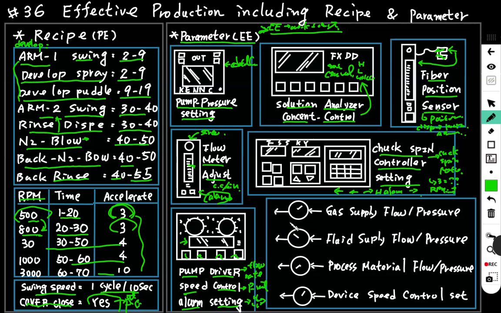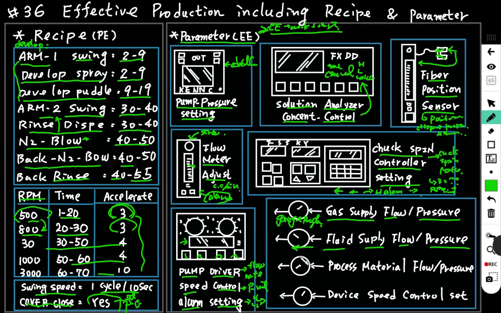Almost all equipment has all kinds of gas supply. This is the gauge and the regulator to regulate the gas from the facility supply, its flow rate and pressure, and the fluid flow rate and pressure from the facility to the equipment along the line.